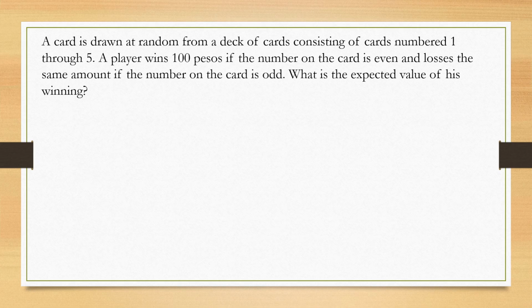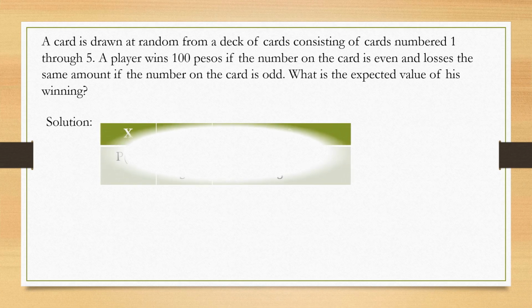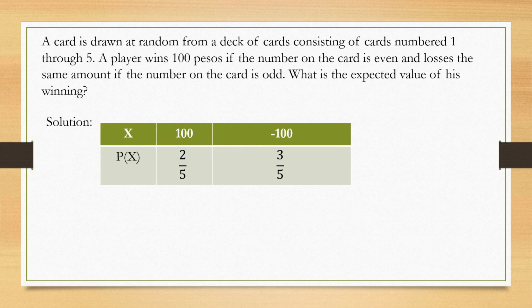Okay, so we have now the solution. This is the outcome, or the probability mass function, corresponding to the given problem. X refers to the outcome. The player will win 100 when the number on the card is even. So, 2 out of 5, meaning the probability of winning is 2 over 5.